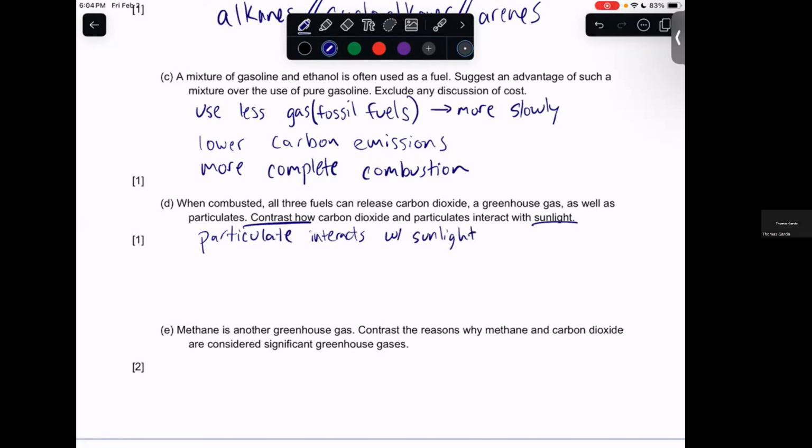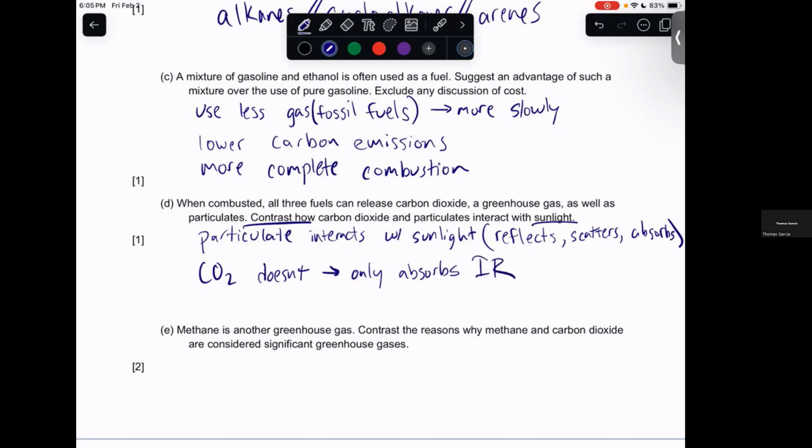Now, you should be specific in how it interacts, such as either reflects, scatters, or absorbs sunlight. You can say any of those things. CO2 doesn't. Light goes through CO2. You could also say it only absorbs IR, which is true. It contributes to the greenhouse effect by absorbing IR. But that distinction is enough. Either way, that's how you get the point.